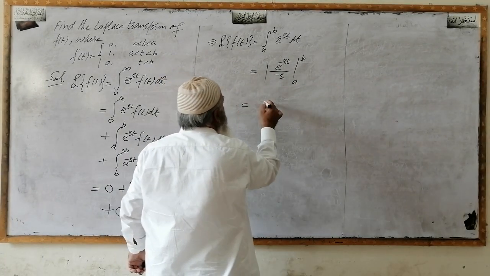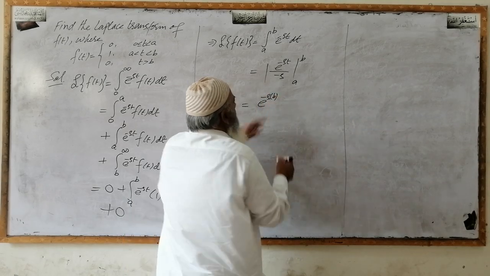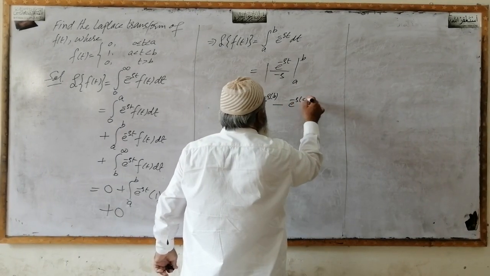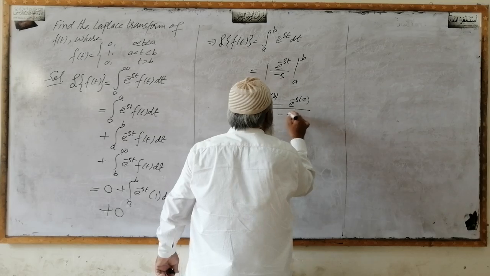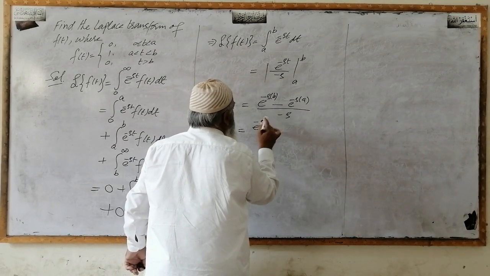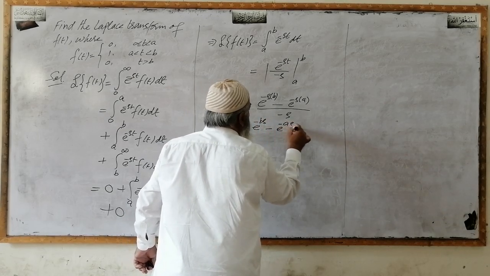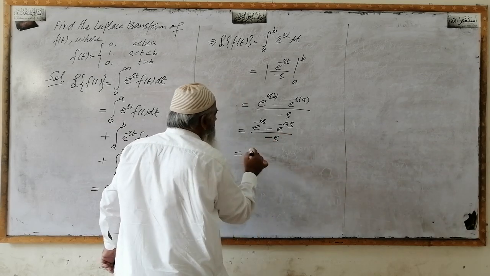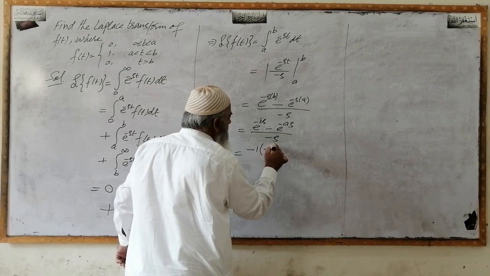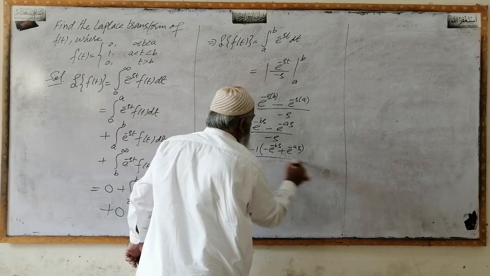Now applying the limits, e raised power minus s into b, in place of t we have to put b, minus e raised power minus s a over minus s. This will give you e raised power minus bs minus e raised power minus as over minus s, or we can take negative sign common from the numerator, and this will give you minus e raised power minus bs plus e raised power minus as over minus s.